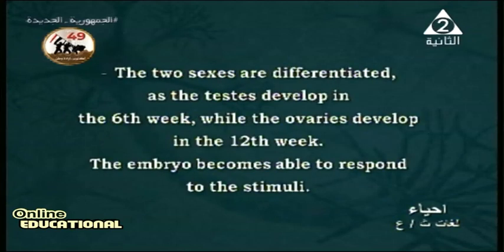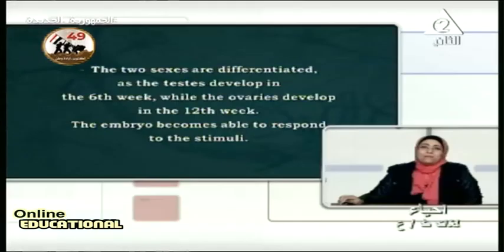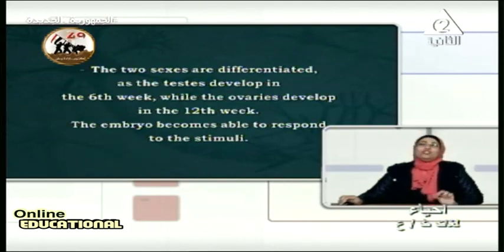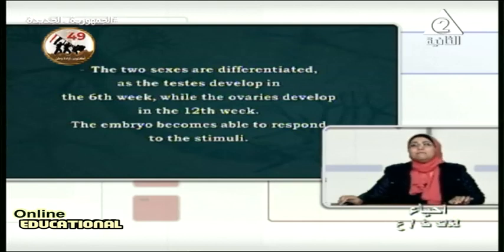The two sexes are differentiated as the testes develop in the 6th week. 6 weeks means after 1 month and a half. After 1 month and a half, we can determine the kind of the baby, whether female or male, by the formation of the testes.